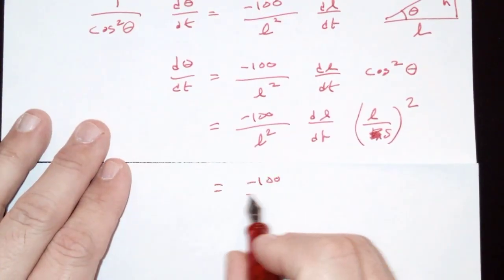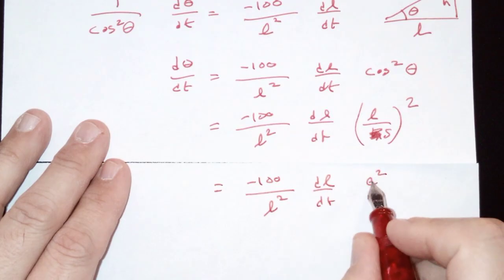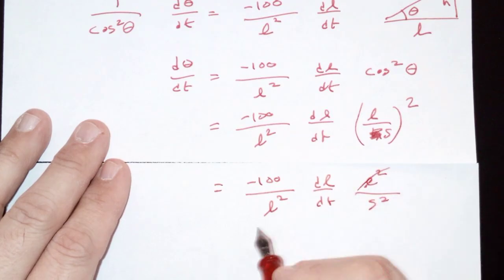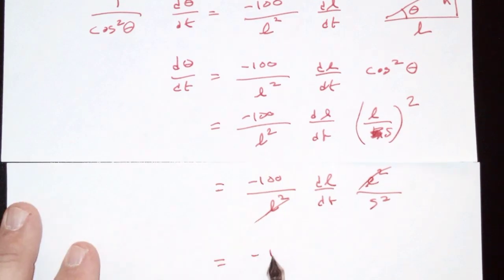Minus 100 over L squared dl dt, L squared over S squared. Those cancel. What was S? And dl dt? Minus 100 times 8 over 200 squared.